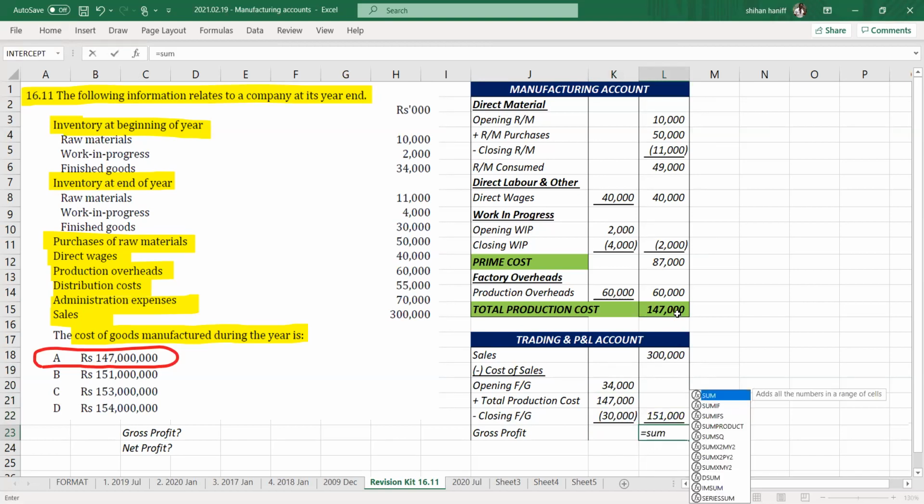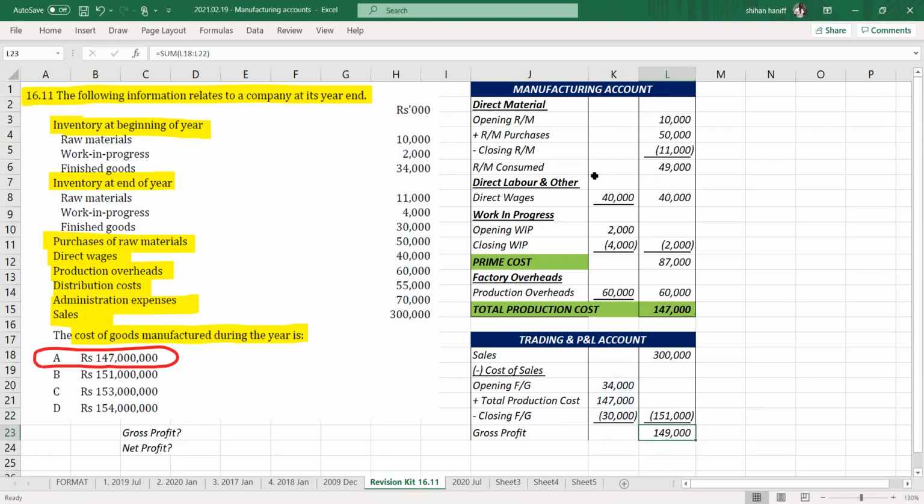Therefore, gross profit is 149,000. That's the gross profit.